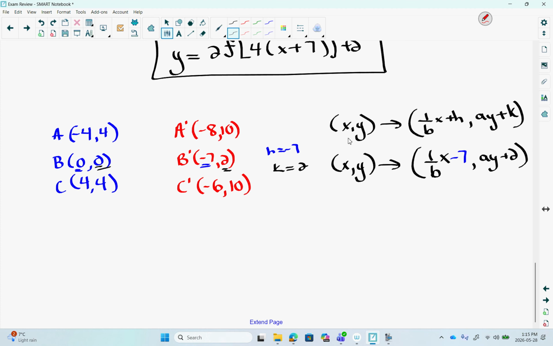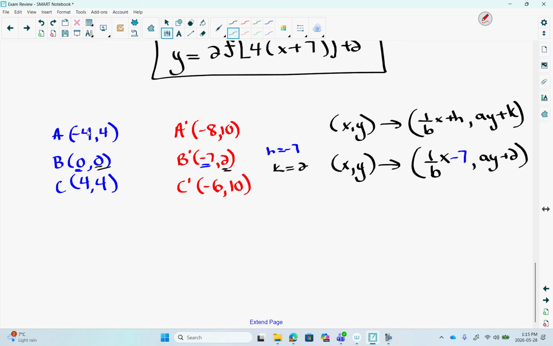Think about what you would have to do to this point to work back here, or this way. What would you have to do to this to get this? Well, I like to work backwards. What would be the opposite of subtracting 7? Add 7. If I added 7 to this, what would I get? -1.